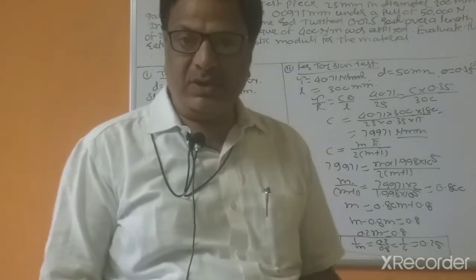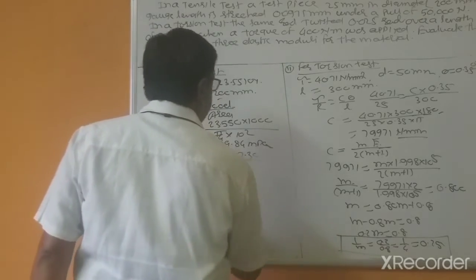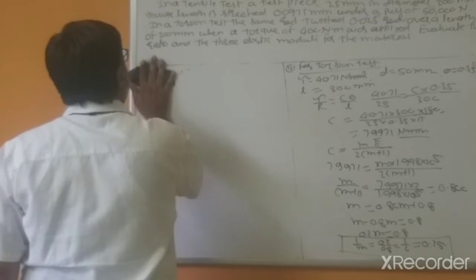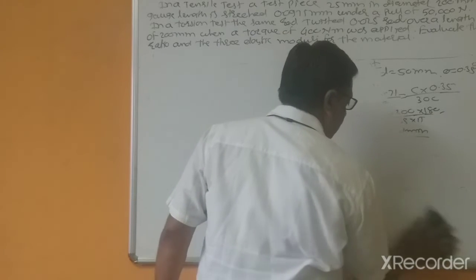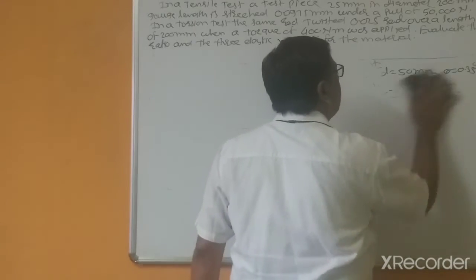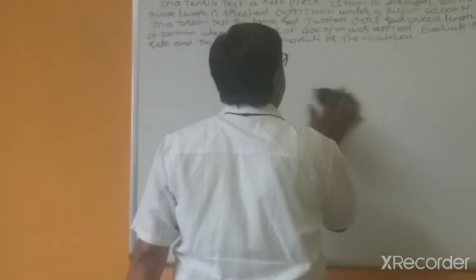So in the previous problems, we calculated Poisson's ratio, Young's modulus and modulus of rigidity. In this problem, we have to calculate bulk modulus also. So it means one step more in this problem as compared to the previous problem.